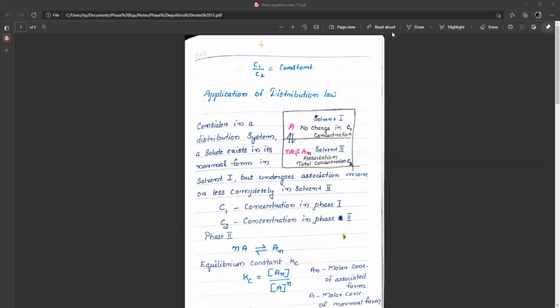In the last class, we discussed the Nernst distribution law.